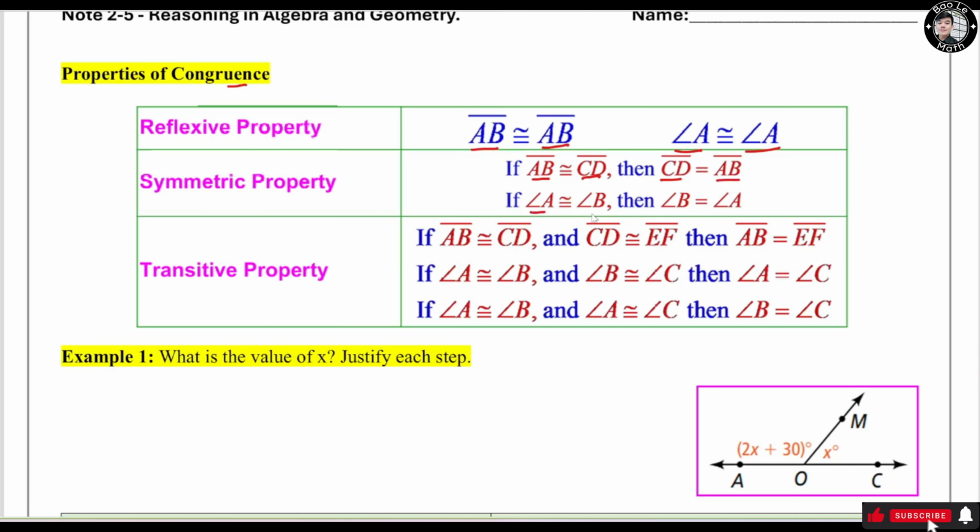If angle A is congruent to angle B, then angle B is congruent to angle A, right? Transitive property, if line segment AB is congruent to CD and line segment CD is congruent to EF, then line segment AB is congruent to EF. Similarly for angle A, B, and C, right?